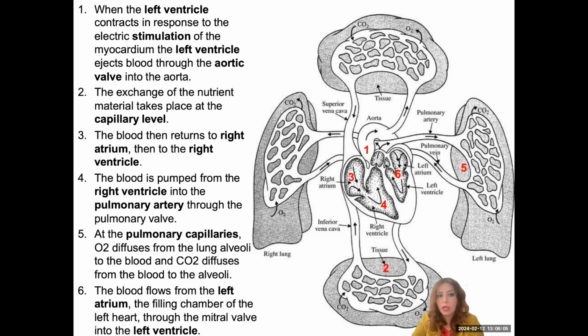In the fourth stage, the blood is pumped from the right ventricle into the pulmonary artery through the pulmonary valve. At the fifth part, at the pulmonary capillaries, oxygen diffuses from the lung alveoli to the blood, and carbon dioxide diffuses from the blood to the alveoli. At the last, at 6, the blood flows from the left atrium, the filling chamber of the left heart, through the mitral valve into the left ventricle. So this is a summary.